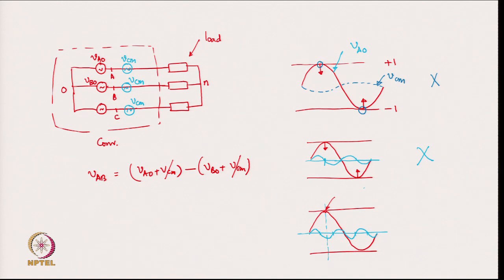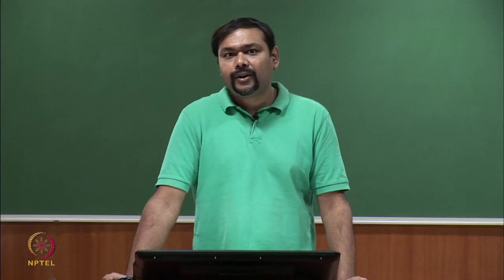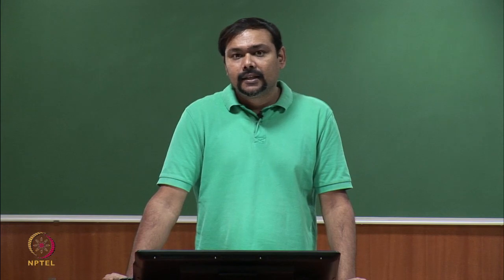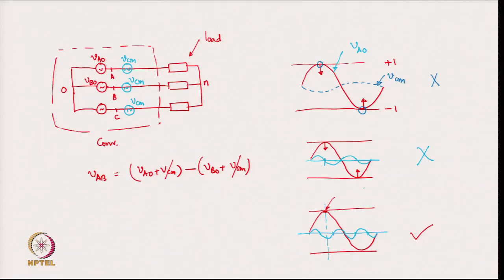Okay. The peak of B phase will also go down exactly at theta equal to 90 and 270 degrees for their own reference.